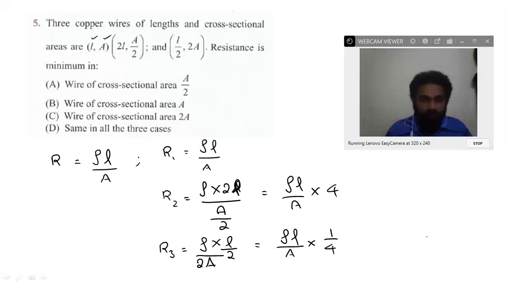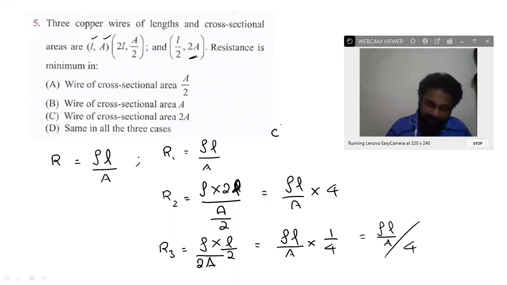The one with 2A gives rho L by A divided by 4, so that is going to be the minimum. So C is the answer.